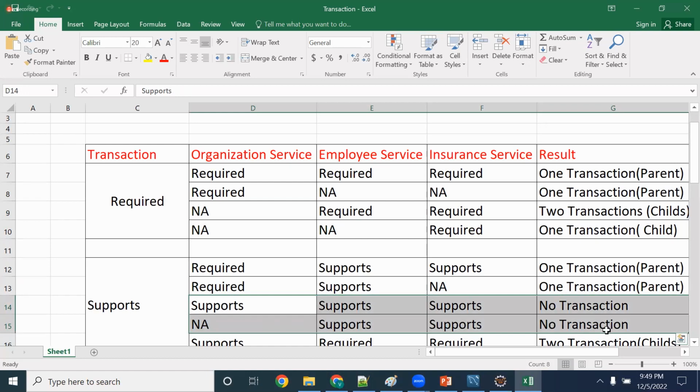Even though I write at parent level or not writing anything at the parent, no transaction at all. No difference at all. Both the cases look the same, right? Same, no transaction at all. Okay, sir. Thank you.